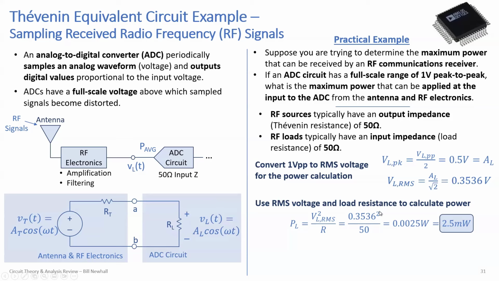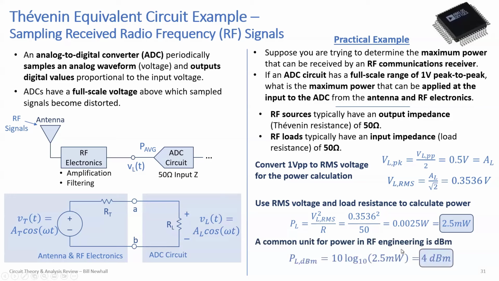If you're speaking with an RF electronics engineer, they're going to speak in units of dBm. And we'll talk about that later, why we do that. But 2.5 milliwatts is 4 dBm. So dBm is 10 log base 10 of power expressed in milliwatts.